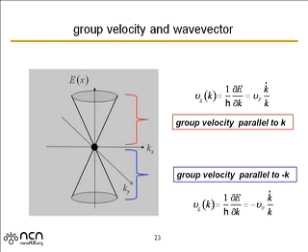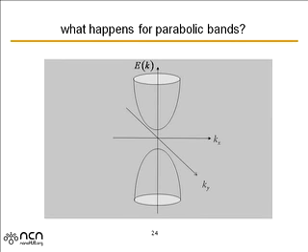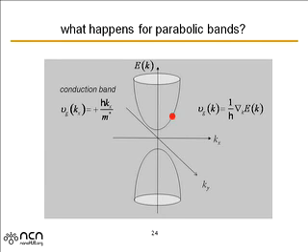So is this unusual? Well, let's draw the EK for any semiconductor. It might be parabolic like this. The group velocity is always the gradient of the energy band. So if I have an electron in the conduction band, the velocity is going to be parallel to k, right? Plus kx will give me a plus velocity. If I have an electron in the valence band, the derivative is negative.